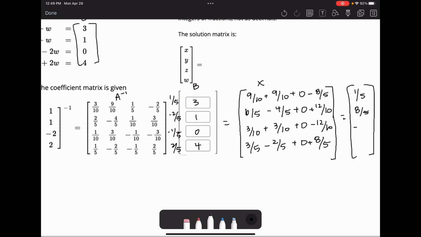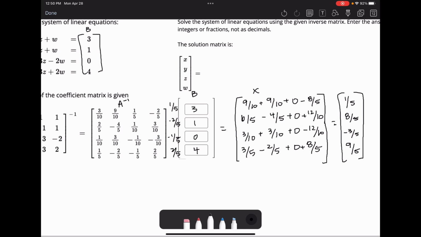That's negative 3/5. And this is 9/5. And I believe I typed that all in right, but if I made a mistake, just let me know. So the solution matrix is what we just found.